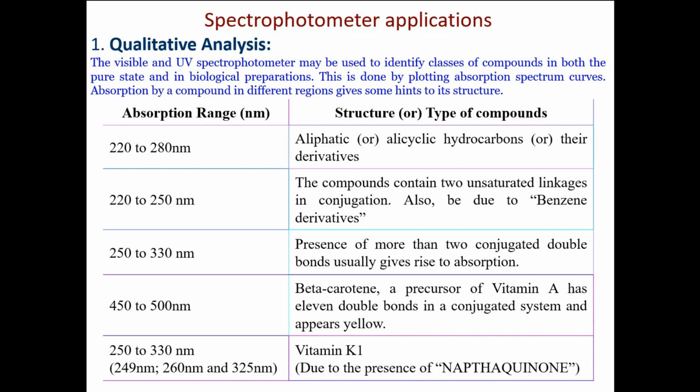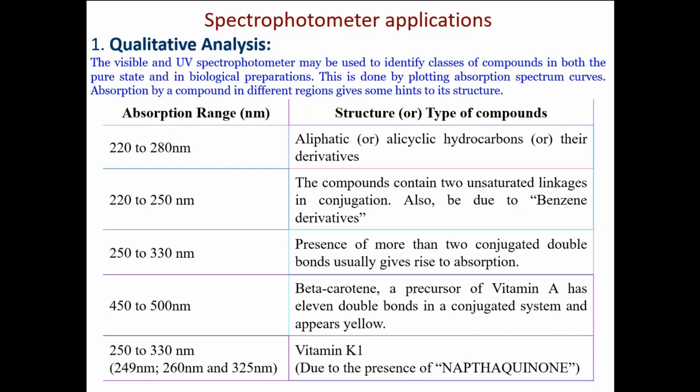It all depends on in what range the compound is absorbing light. So that means we'll go for the complete range of radiation, which gives us a good indication from here to here, and then you'll be knowing where exactly it has the peak and all, right?